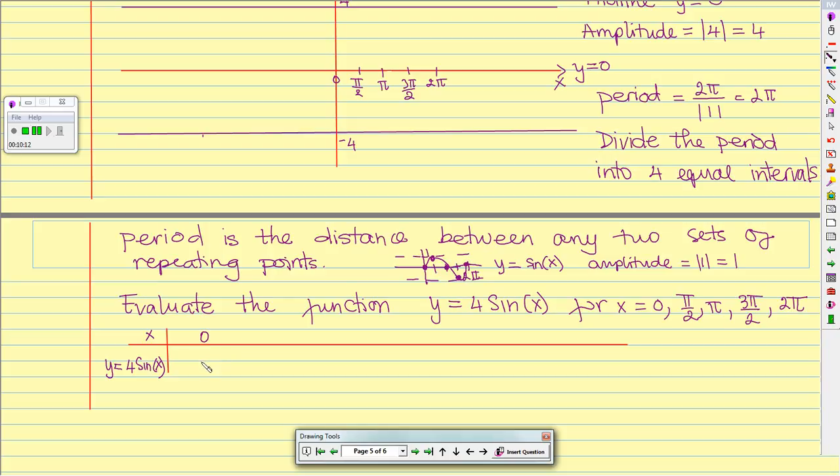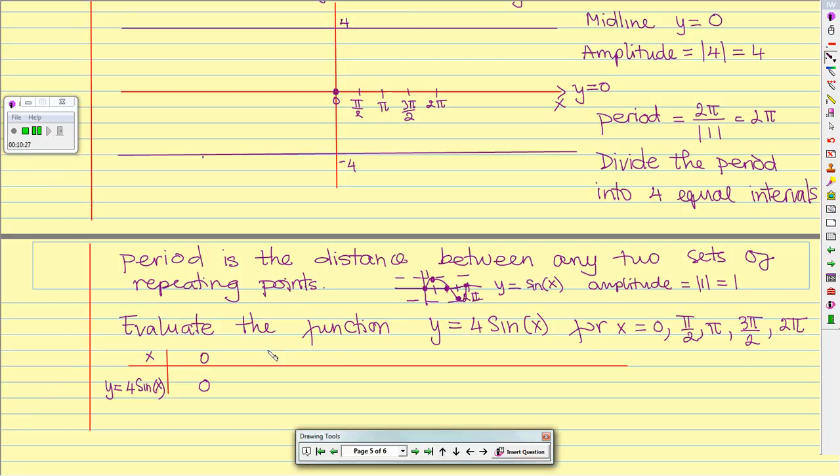So x equals 0. Y is 4 times sine of 0, which is just 0. So you can see that the first point will stay the same right here, 0, 0. But if x is pi over 2, sine of pi over 2 is 1, or sine of 90 degrees is 1. So now 4 times 1 will be 4.